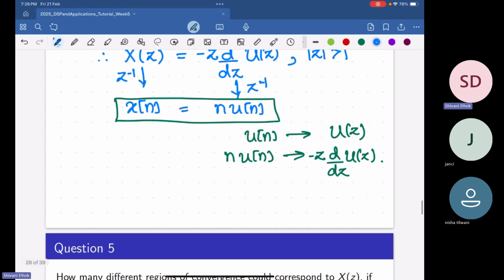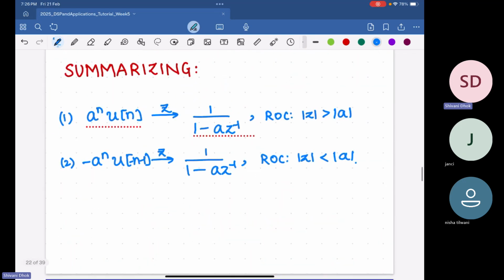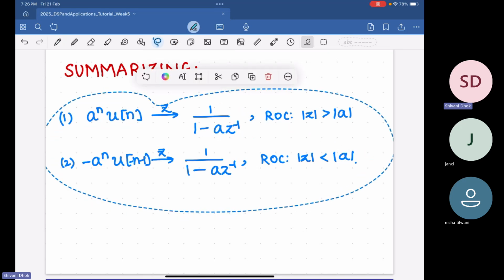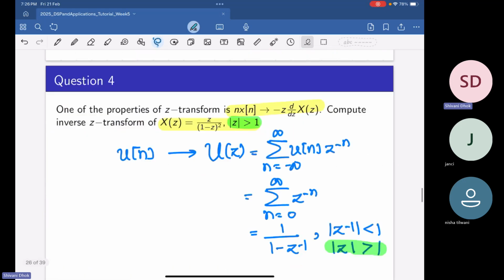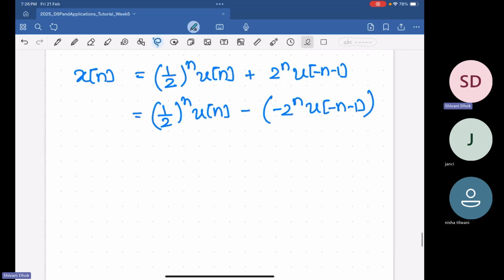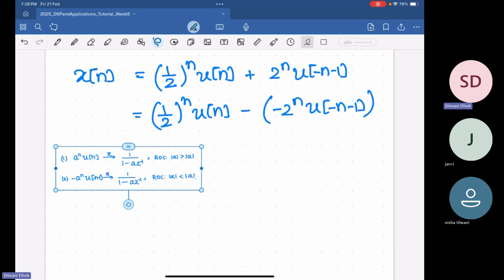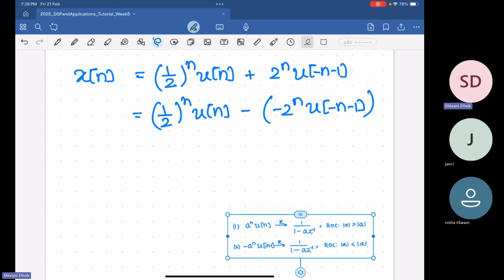So if we look at our second question which we had seen, this one, both of these signals are in that standard form. Let me copy this, just for reference I'll keep it here.